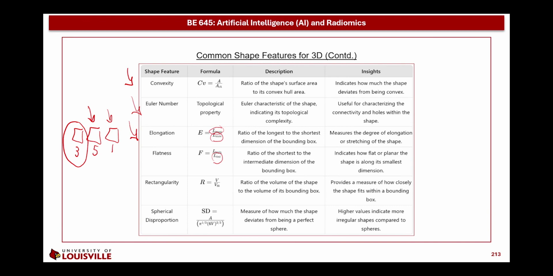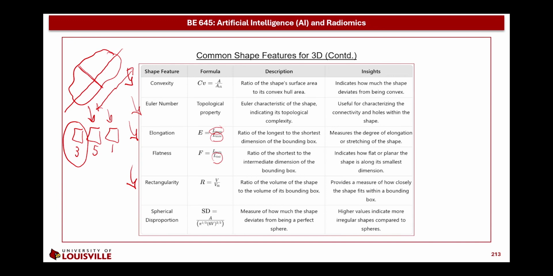And elongation is a measure of the degree of elongation or stretching of the shape. As mentioned in the 2D features, we have something like a polygon, and if the major axis is higher than the minor axis, this means that there is an elongation and a deviation from being a perfect circle. Flatness, this indicates how flat or planar the shape is along its smallest dimension.